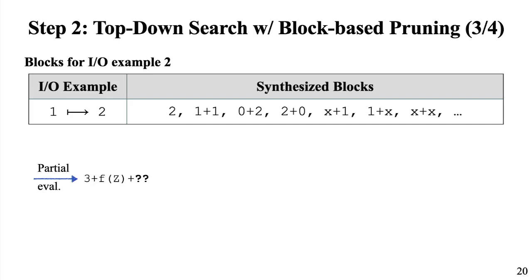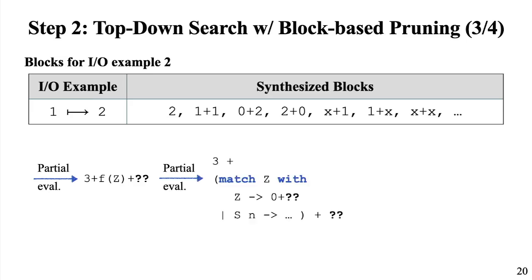Whenever we have a recursive call, the body of the candidate program is substituted into every position of a recursive call. So after aligning the body of the candidate program, we obtain this partial expression, and then the first branch can be taken here. As a result, we obtain this partial expression.